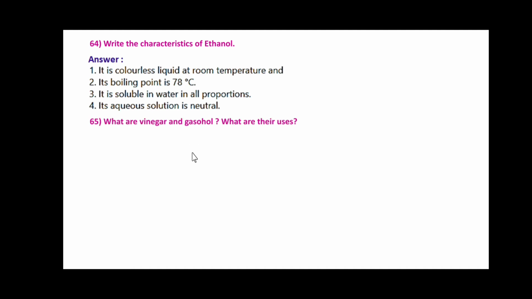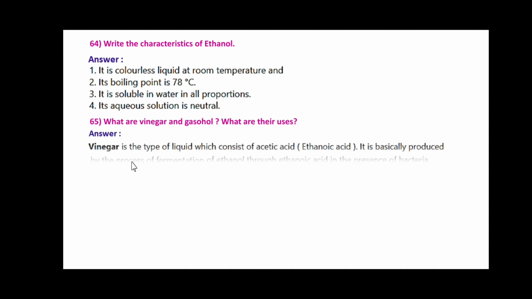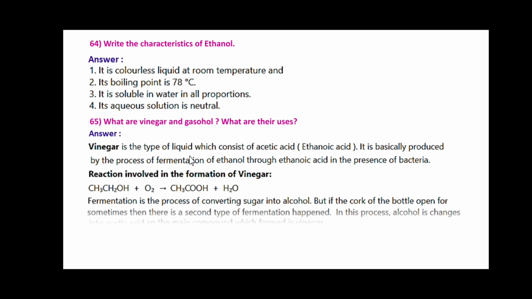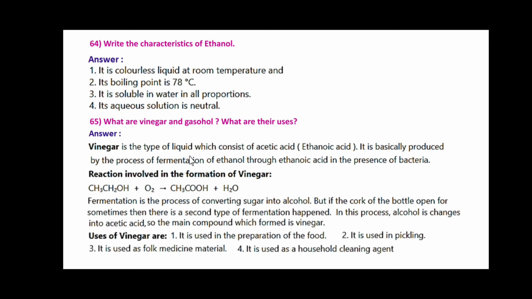What are vinegar and gasohol? What are their uses? First, vinegar is a type of liquid which consists of acetic acid, that is ethanoic acid. It is basically produced by the process of fermentation of ethanol to ethanoic acid in the presence of bacteria.